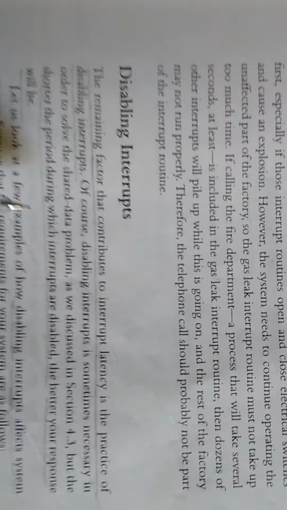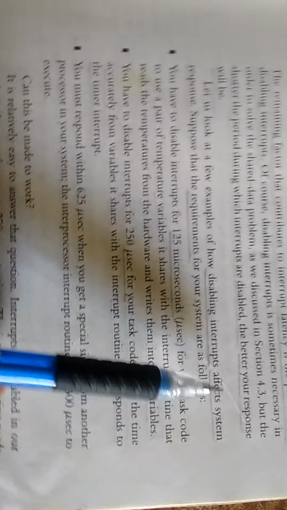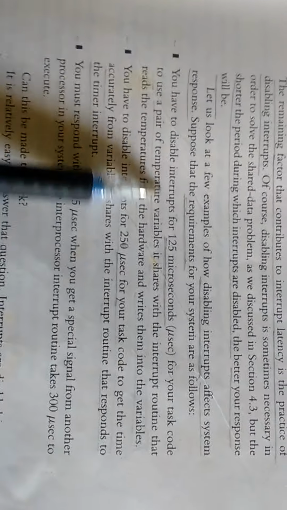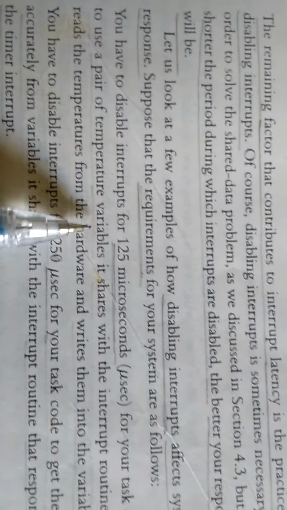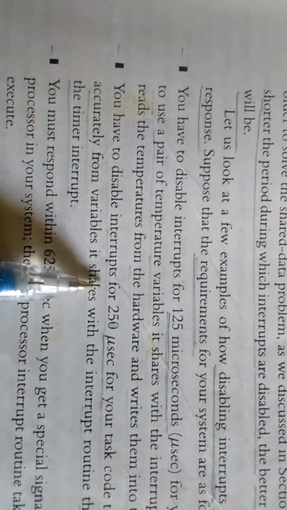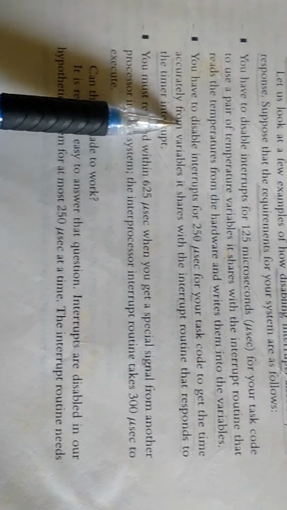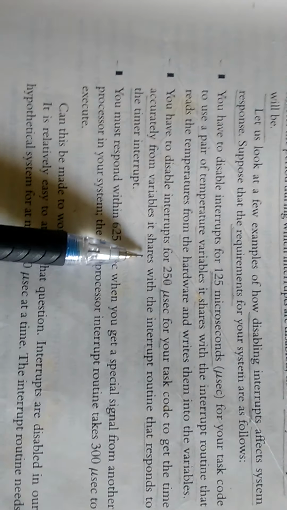Now, let us take an example of disabling the interrupts, and see whether, given a deadline, it can be solved within the given deadline. Here we have to disable the interrupts for 125 microseconds for the task code to use a pair of temperature variables it shares, and disable the interrupts for 250 microseconds for the task code to get the time accurately from the variable it shares.